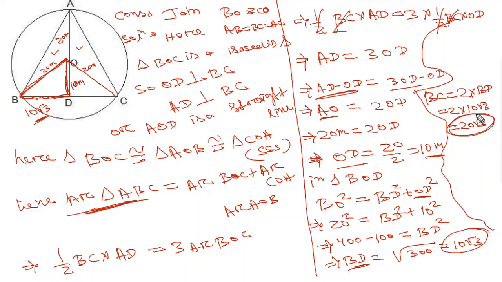So we got the value of BC, which is 20 root 3. Now it is also known to us that length of AB, length of AC and length of BC are all equal, and all are 20 root 3. So this is the solution for this question. This is the end of this exercise. Thank you.